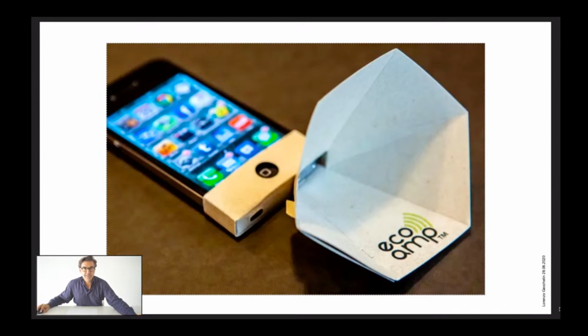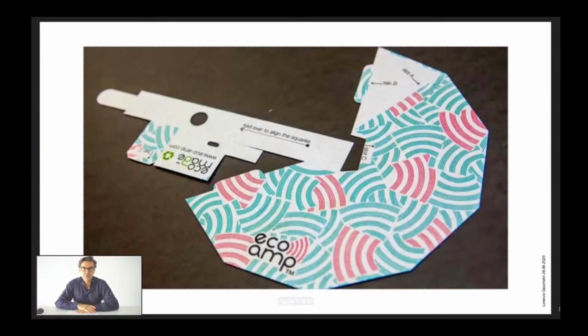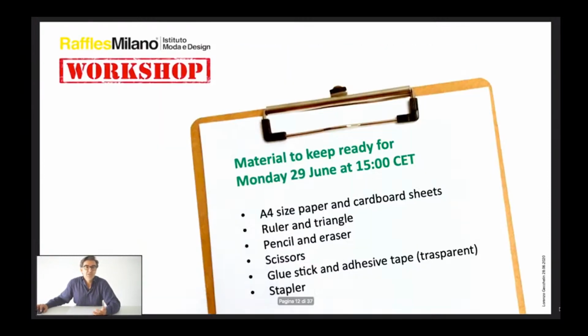And if I look at this product as it comes from the package, it is a simple flat piece of cardboard. So let's try to replicate it in a very simple way, just using few materials I asked you to prepare for today's workshop.